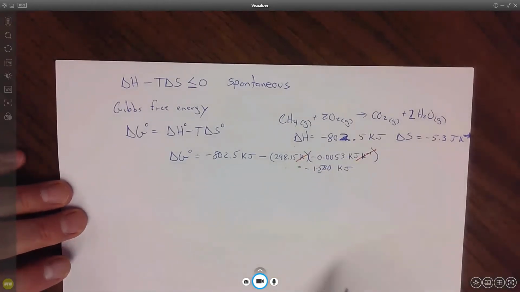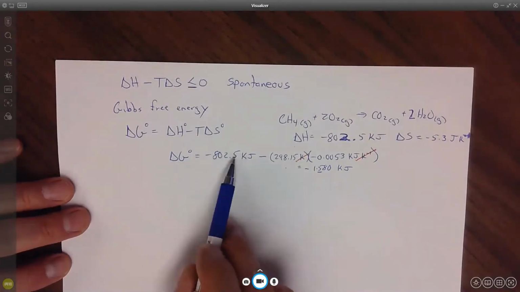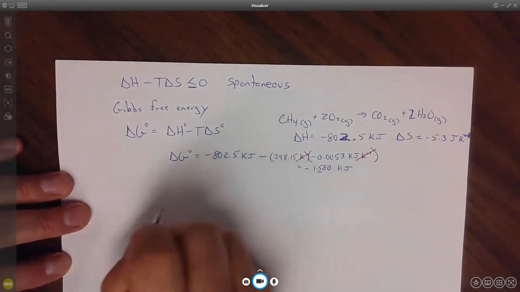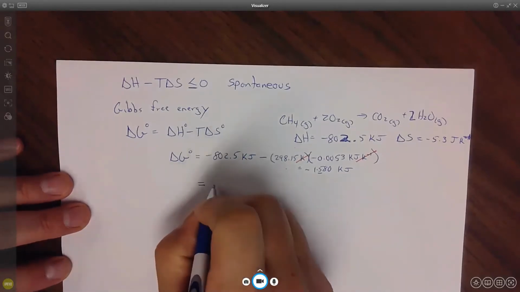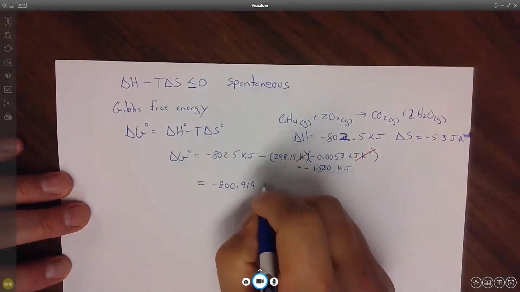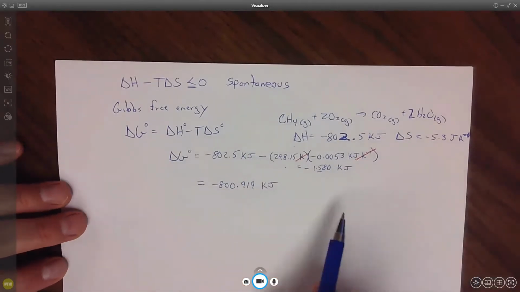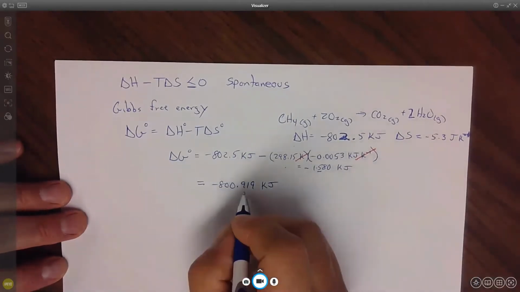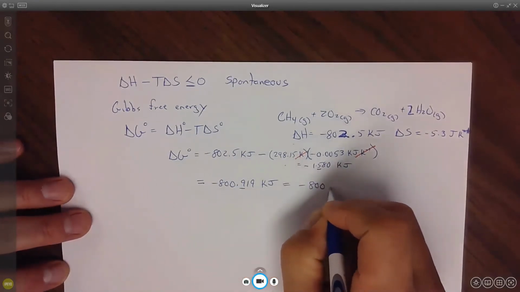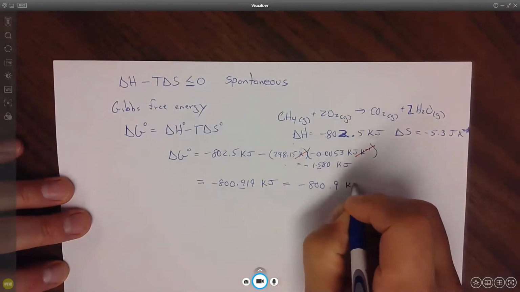Then we have the negative 802.5, and then plus, because it's minus the negative 1.5. And so the del G then is going to be negative 800.919 kilojoules. We're 1 decimal place past, so this will be 1 decimal place. So the free energy change of this reaction is negative 800.9 kilojoules.